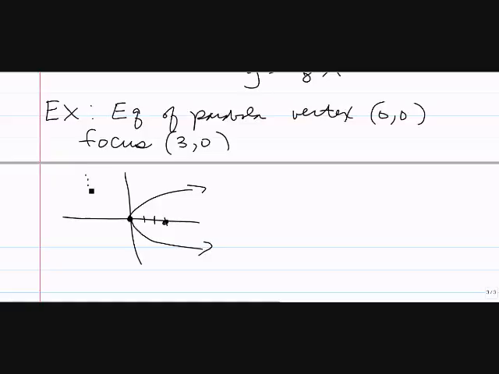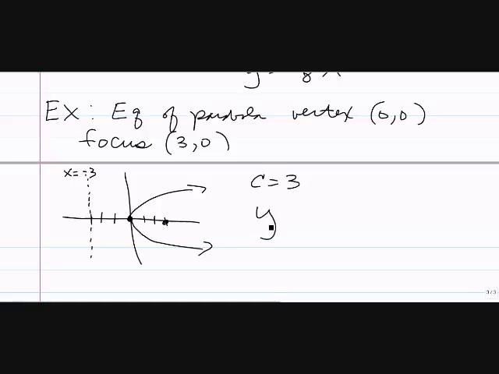I'll go ahead and put my directrix in because I like to be exact here. This one actually has a directrix at x equals negative 3. What is the distance from the vertex to the focus? 3. So my C is 3.